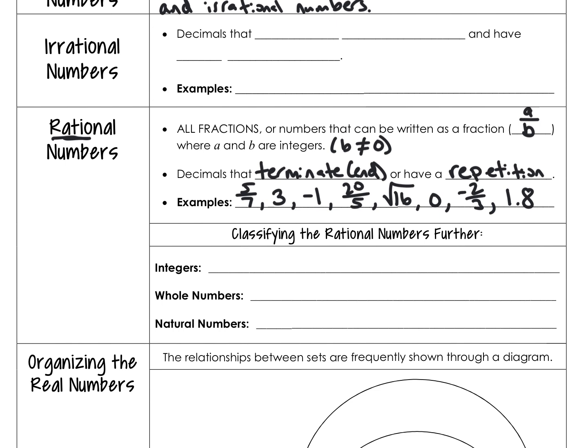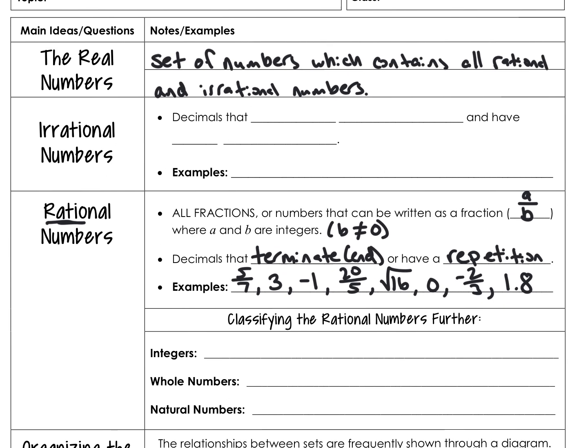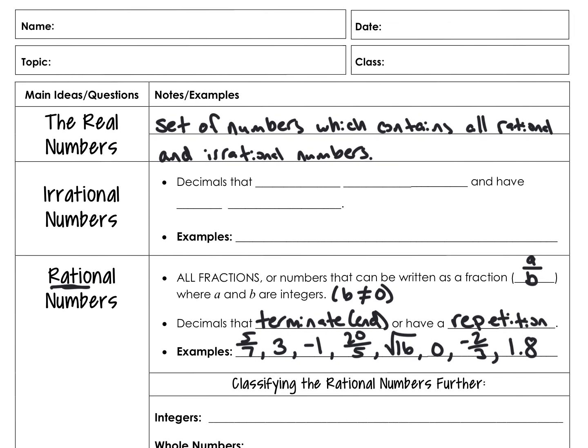What's probably going to be new to you is the idea of irrational numbers. Basically, irrational numbers are decimals that never terminate, meaning they never end, and have no repetition.